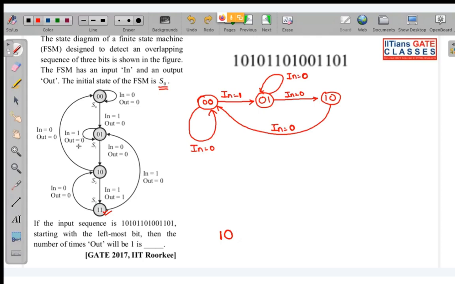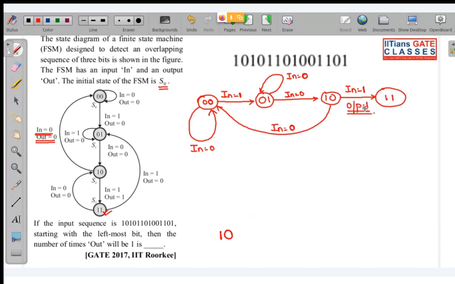Because when you apply input 0, your output is 0, and you are moving to a previous state that has already been covered. But when you apply input 1, you go to a different state which has not been covered yet, that is 11, and now you get your output 1 for the first time.